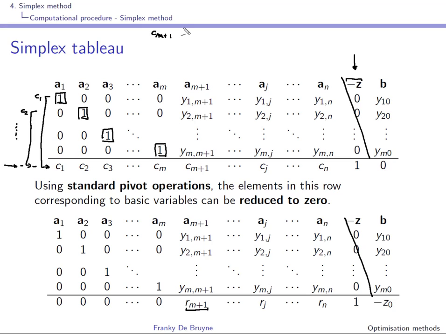We'll have Cm plus 1 minus C1 times this one, minus C2 times this one, and then we'll continue up to Cm times this one.